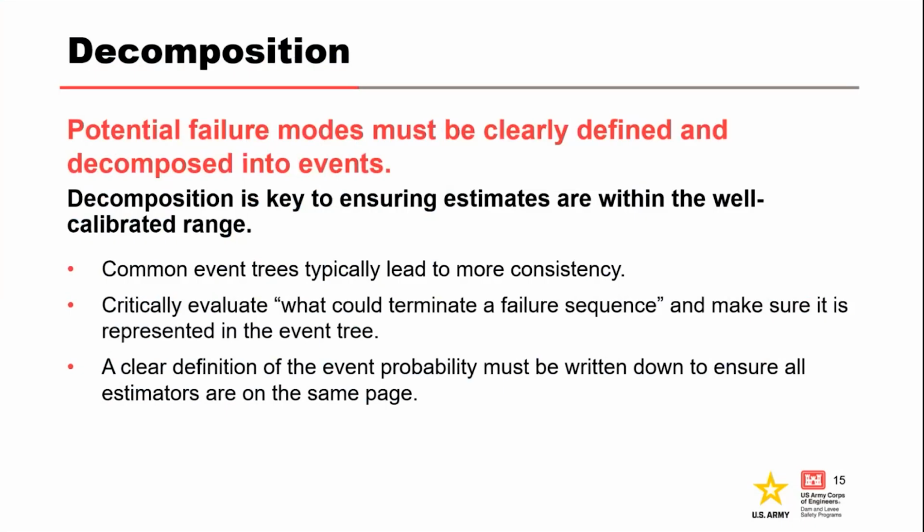Make sure that your event tree, your failure mode, is clearly defined and decomposed into events that the entire team agrees upon, and understands what they're actually estimating, right? You want to try to do this ahead of time, if at all possible, prior to getting into the elicitation, the risk assessment.